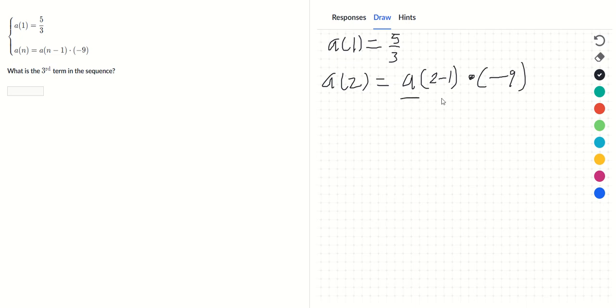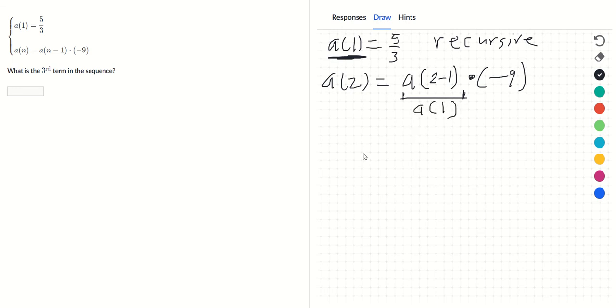Then for the next time, we're not going to do this part, because we know now that with a recursive sequence, the next number is going to be your previous number of the sequence. So basically A of 2 minus 1 is A of 1, because 2 minus 1 is 1.